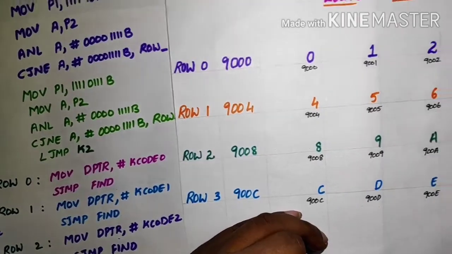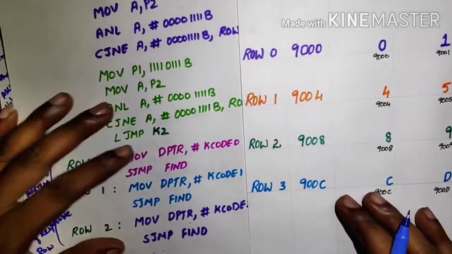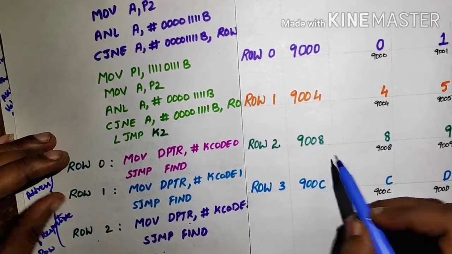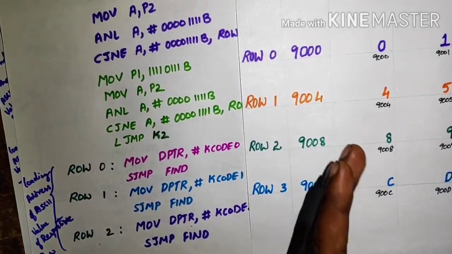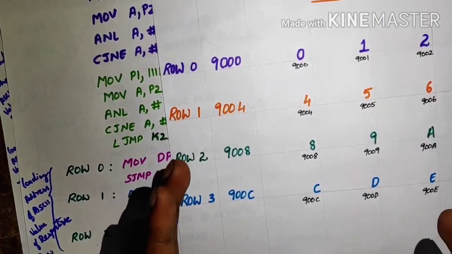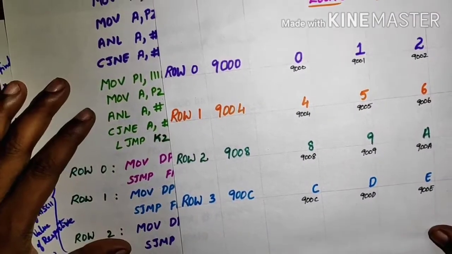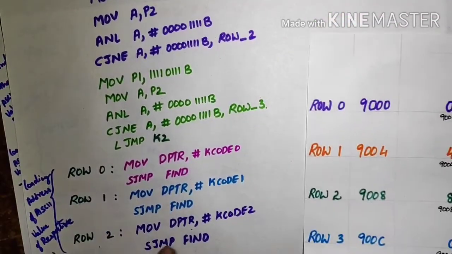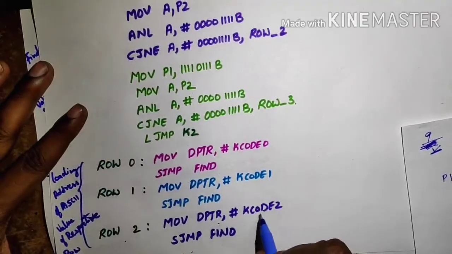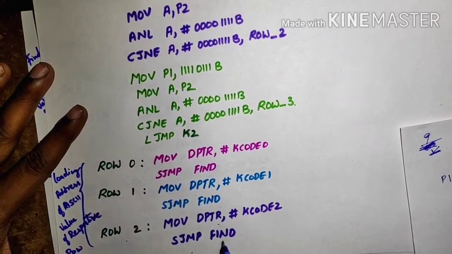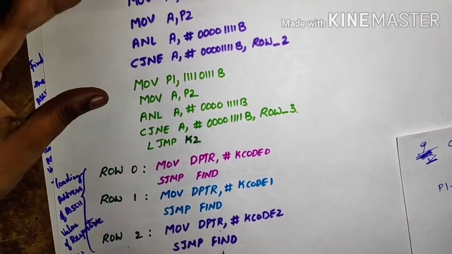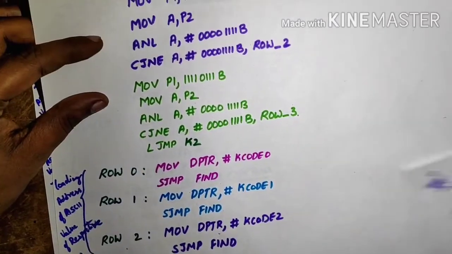Now we will check how the microcontroller fetches the ASCII value of our pressed key. After moving the value to the data pointer, it will jump to the next subroutine called find. Now we have to find that particular value.